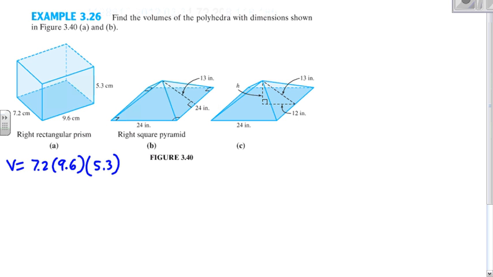Multiply that out, and we get 366.336. And that will be centimeters cubed for volume.